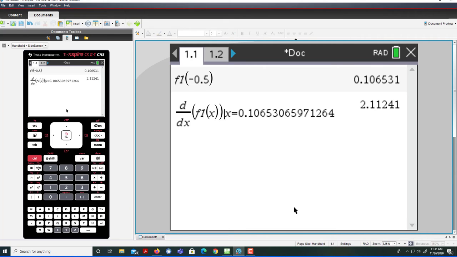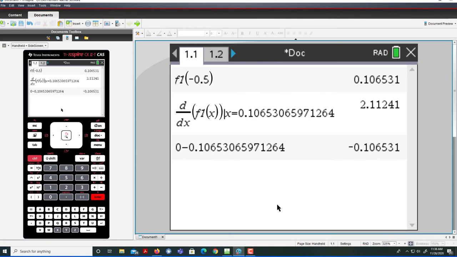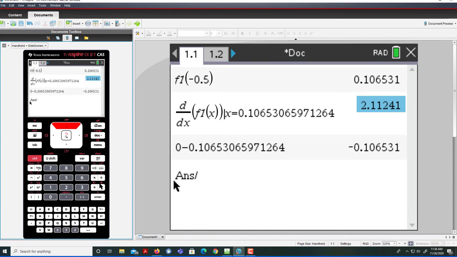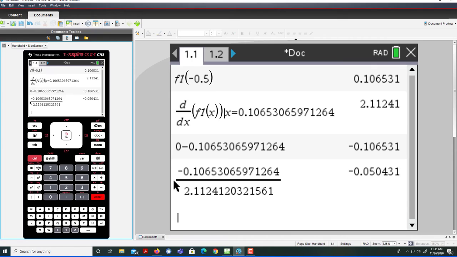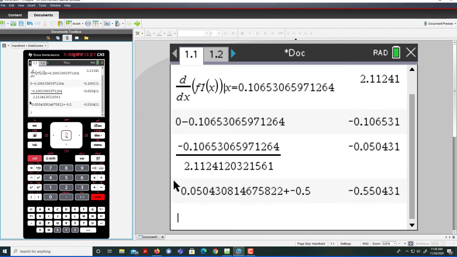So 0 minus, copy. Then I'm going to divide this by this, and then I'm going to add. x is negative 0.550 dot dot dot.